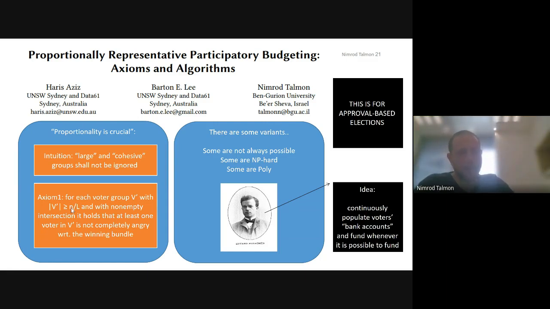But it's quite weak in the sense that even if there is a minority of, let's say, 40%, this doesn't mean that this minority should get at least 40% of the funds. It just means that it should not be completely ignored. So at least one of the projects that the voters from this minority want should be funded. It could be that a 40% minority gets just one project that costs $1, and this axiom will be satisfied. So the axiom is quite weak in this sense.